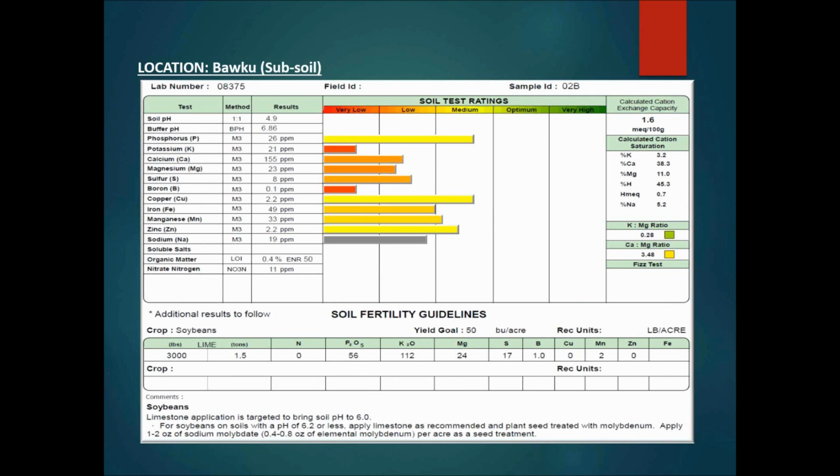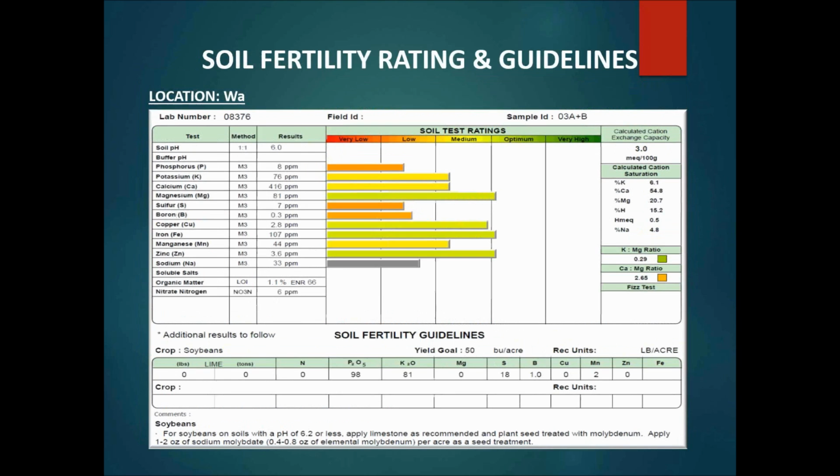This slide is also the subsoil for Boku, which shows the same pattern. Then for Wa, for the composite, it shows the same pattern. We only have magnesium and probably zinc and iron looking better, but the rest of them are all very low or medium.